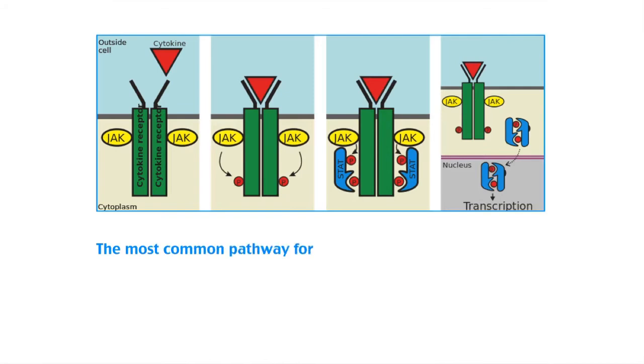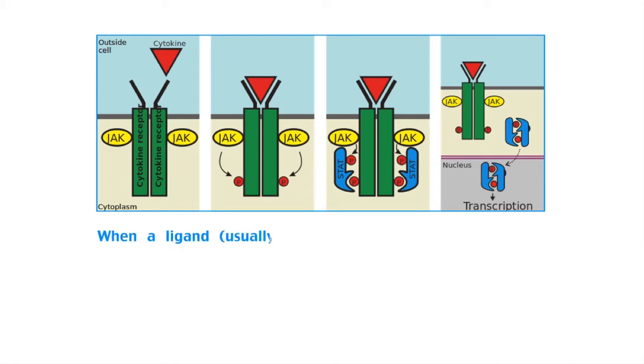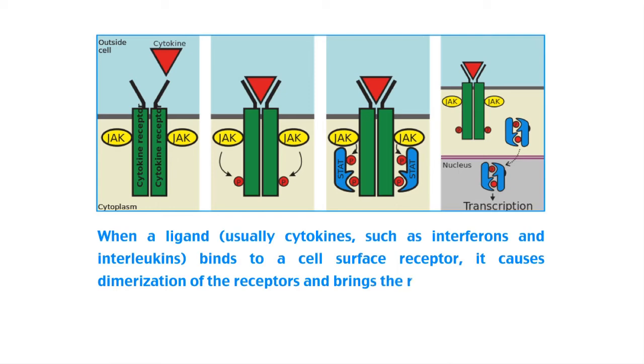The most common pathway for cytokine signaling is the protein kinase transduction cascade, for example, JAK-STAT signaling pathway. When a ligand, which is usually cytokines such as interferons and interleukins, binds to a cell surface receptor, it causes dimerization of the receptors and brings the receptor-associated JAKs into close proximity.